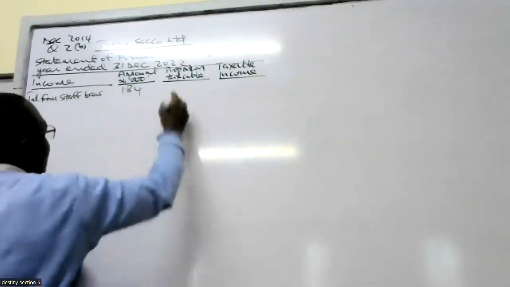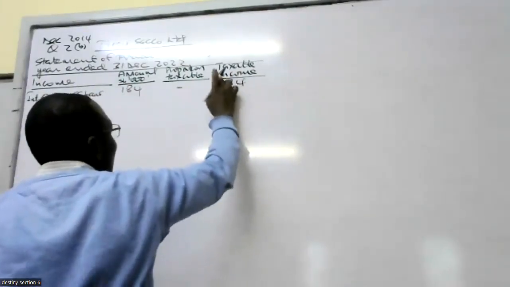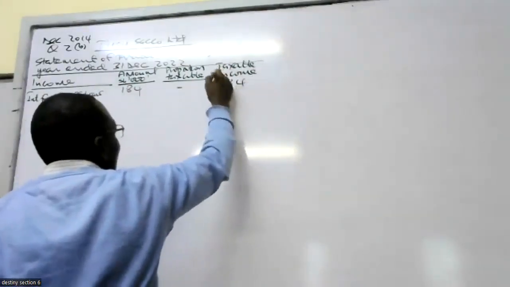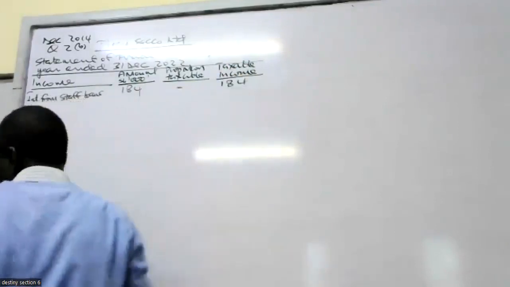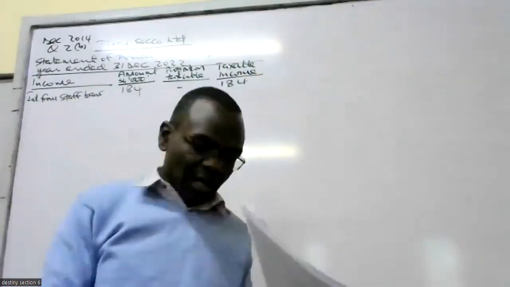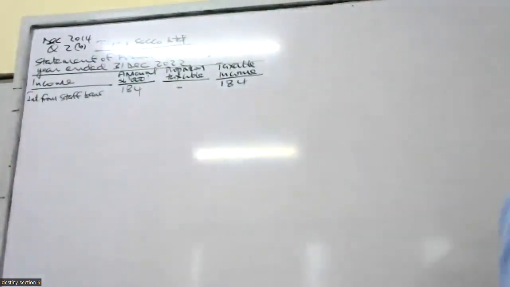We were not given a percentage for that. So this is part of what we have called other income. Whatever source you are not given, you just treat as other income. So other income is fully taxable. So bring in the 184 on staff loans.